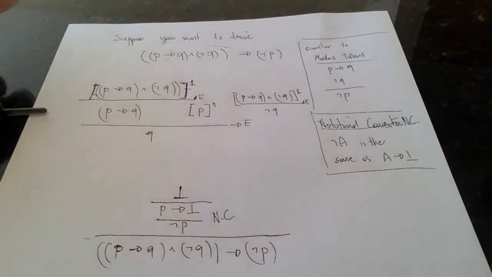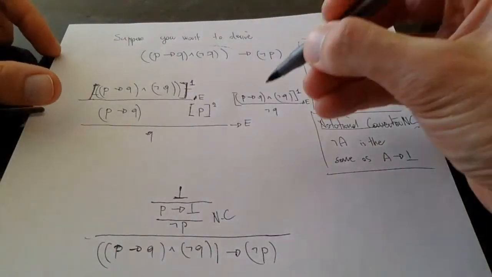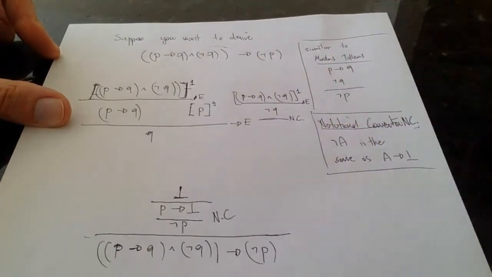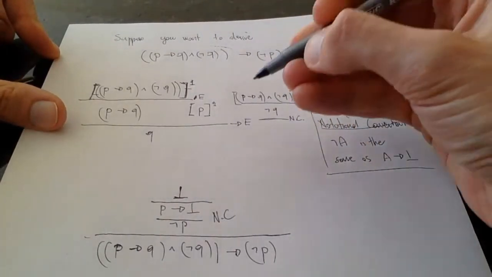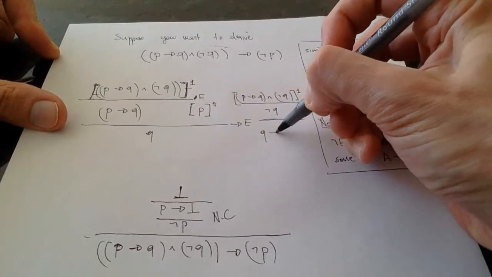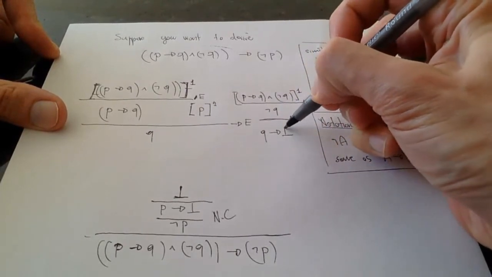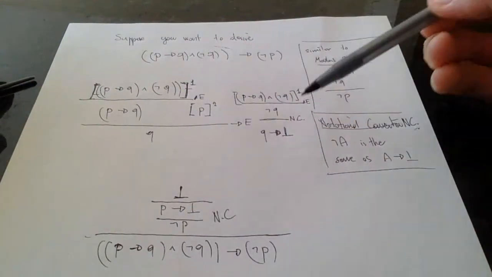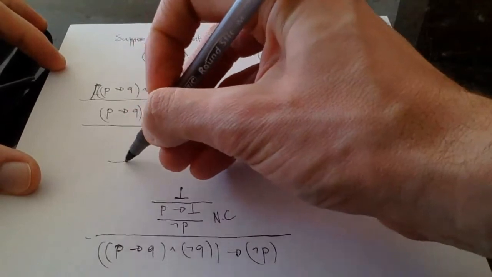And now, thanks to my notational convention, I can write, instead of not Q, Q implies the contradiction. Now I'm done. I have Q implies the contradiction.